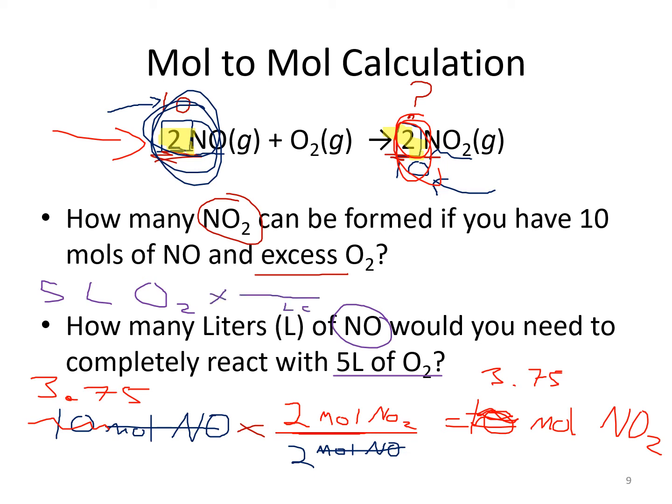Liters of oxygen gas goes on the bottom. We would put liters of nitrogen monoxide gas on the top. And the same coefficients we plug in. 2 on top for nitrogen monoxide, because that's the coefficient in front of that. 1 on the bottom, because that's the coefficient in front of the oxygen. Liters of oxygen and liters of oxygen cancel. So we end up with 5 times 2 over 1, which is 10 liters of nitrogen monoxide gas.